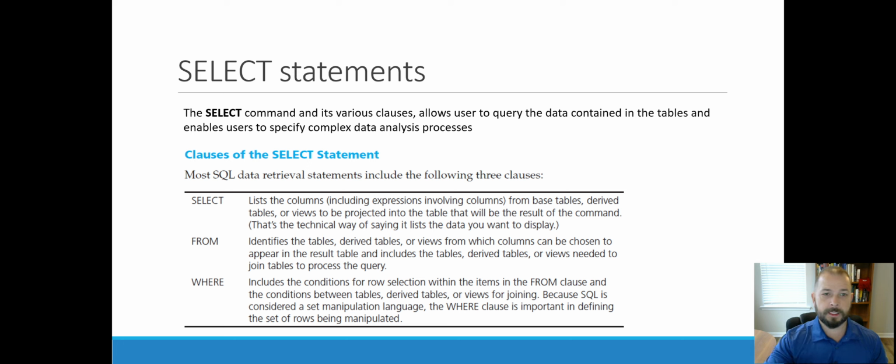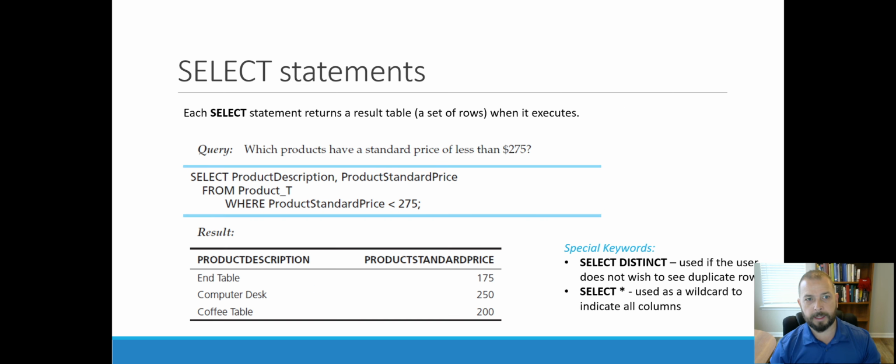The from clause allows us to identify what table we want to access. All right. And so, select: which columns we want to get access to, and then from which table we want to access. And then where is the conditions that we want to place for accessing that information.